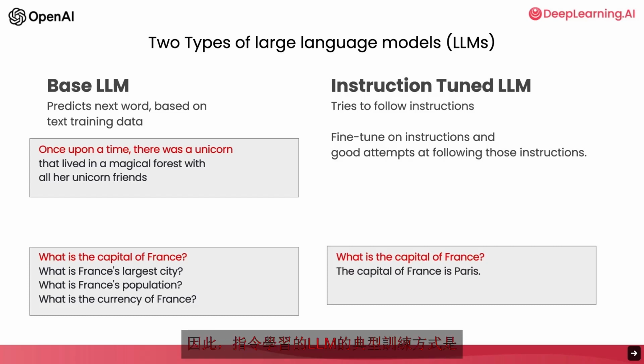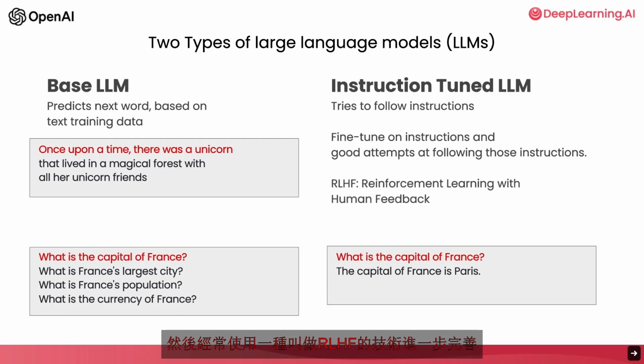The way that instruction-tuned LLMs are typically trained is you start off with a base LLM that's been trained on a huge amount of text data and further fine-tune it with inputs and outputs that are instructions and good attempts to follow those instructions, and then often further refine using a technique called RLHF, reinforcement learning from human feedback, to make the system better able to be helpful and follow instructions. Because instruction-tuned LLMs have been trained to be helpful, honest, and harmless, they're less likely to output problematic text, such as toxic outputs, compared to base LLMs.